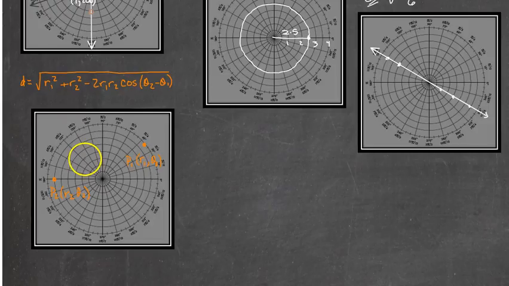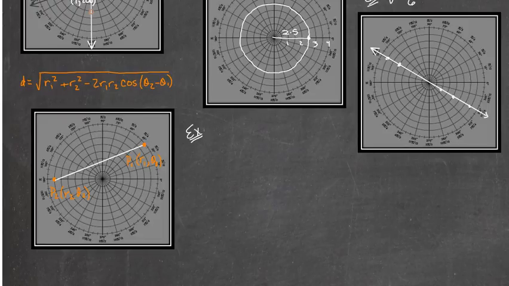Maybe orange wasn't the best color to use here, but we're just going to use it to visualize. If I'm looking at the length of the line between P1 and P2, each having their own polar address, all I have to do is plug in the values. So let's do one example of that and call it a day.